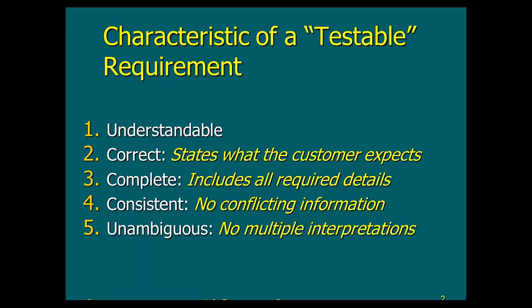If I even write a simple requirement that says, you know, customers shall be able to check the status of their order online, and that's all I give you, what could possibly be incorrect in that one? There's no chance for it to be incorrect.